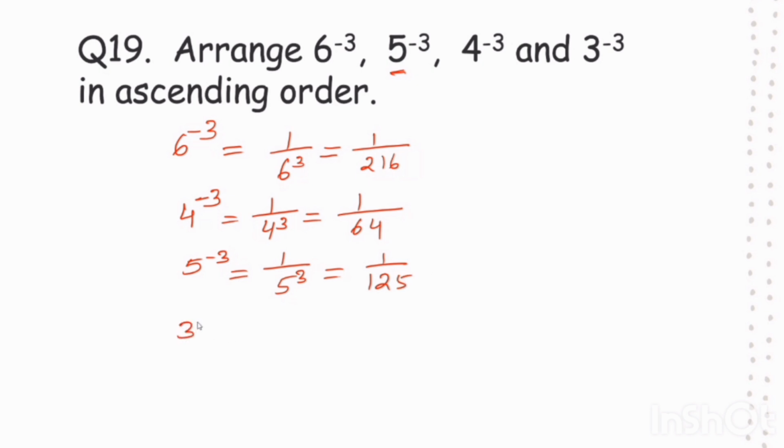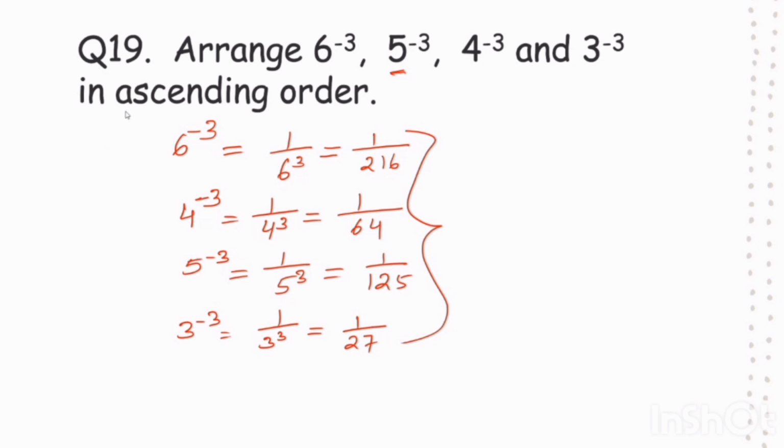And 3 raised to the power minus 3 equal to 1 by 3 cube, and that's equal to 1 upon 27. Now, as we know, with the same numerator, if the denominator is less, that one is bigger.